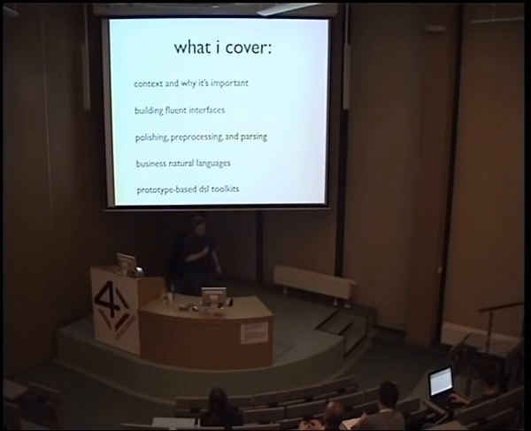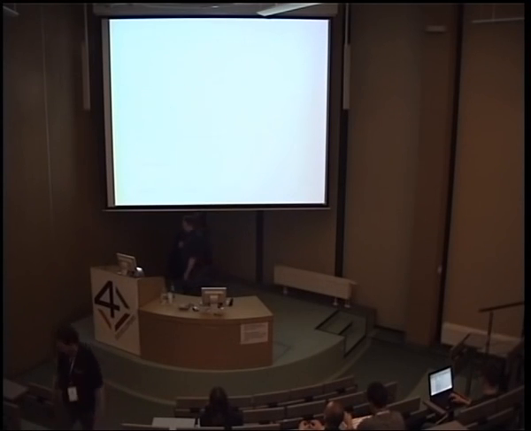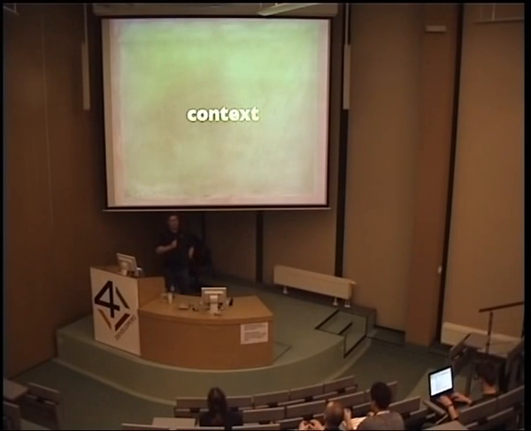A little bit about building interfaces, the distinction between the 3 Ps, polishing, pre-processing, and parsing, and a little bit about business natural languages. As I said, I'm going to keep coming back to this over and over again, because this is really one of the reasons that you would want to build a domain-specific language in any language, but particularly in Ruby, is as a way of providing a context.